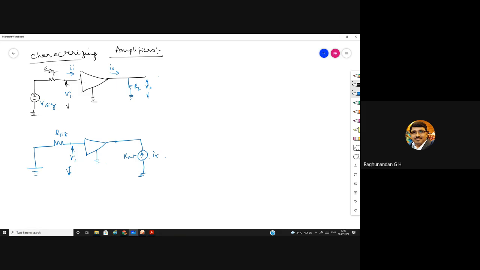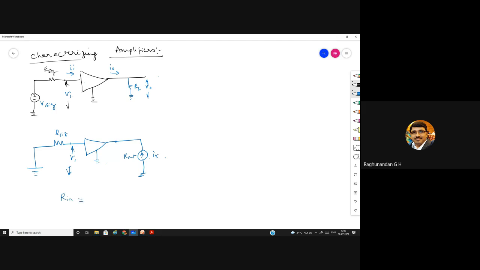Here, this is an amplifier which is being fed with an input signal through Rsig, the resistance with respect to the signal. It also contains a load resistance. The first step is to find Rin, the total input resistance.